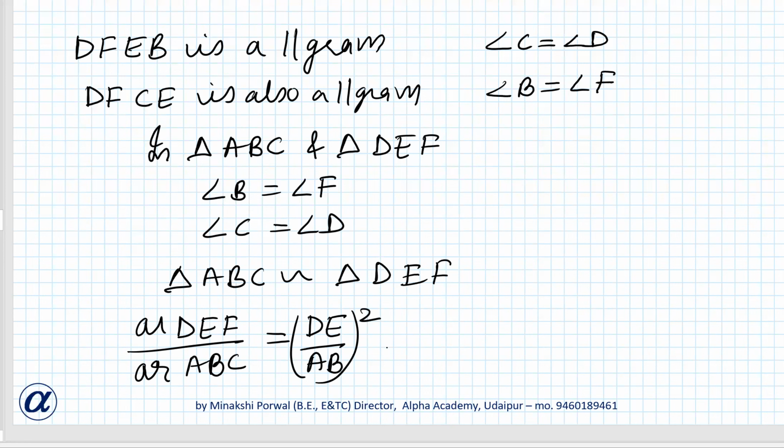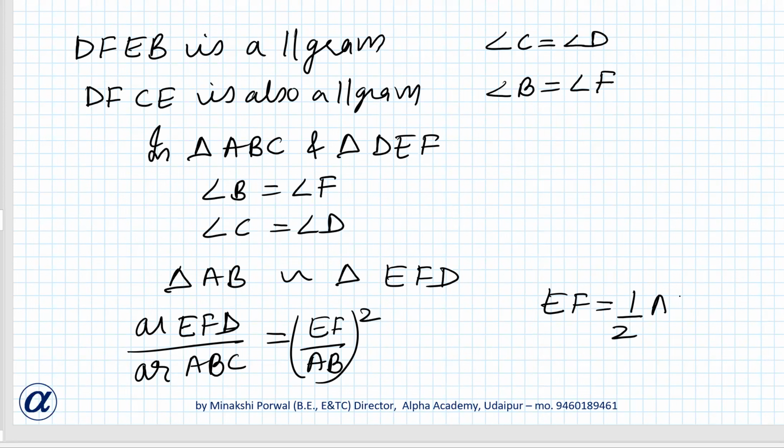Okay, now ABC is similar to EFD. So it becomes EF upon AB, and EF is half of AB.